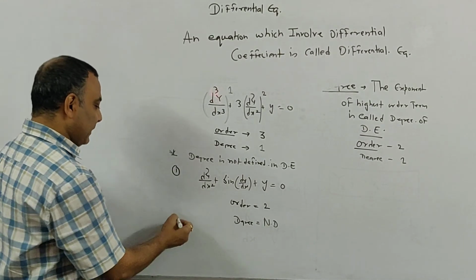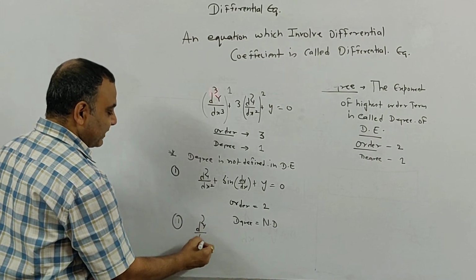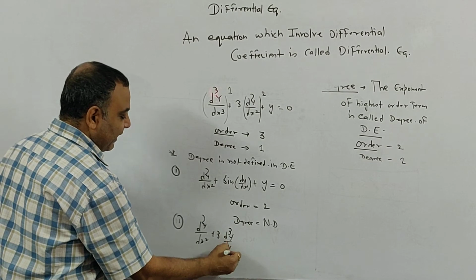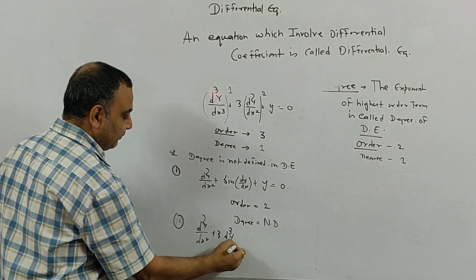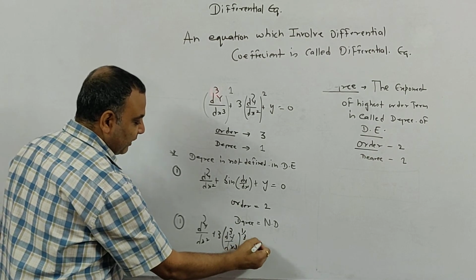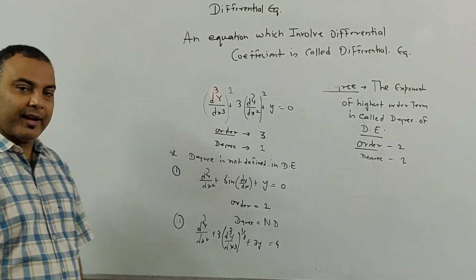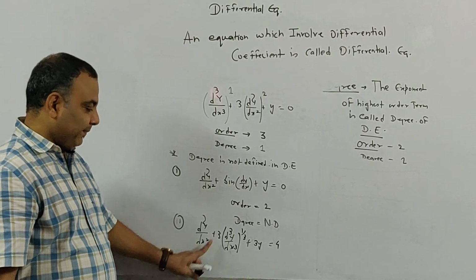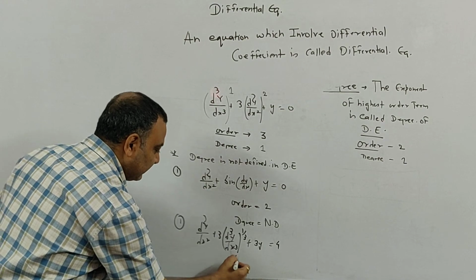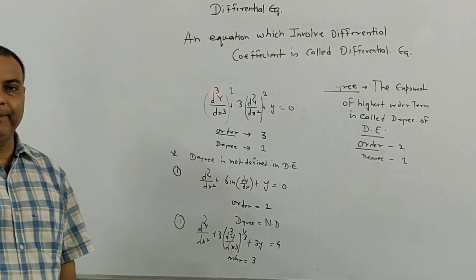Now, another example. Suppose I am taking d square y over dx square plus 3 times (d cube y over dx cube) to the power 1 by 3 plus 3y is equal to 4. Suppose this is the equation we have. Here the highest order derivative is 3, so the order is 3.